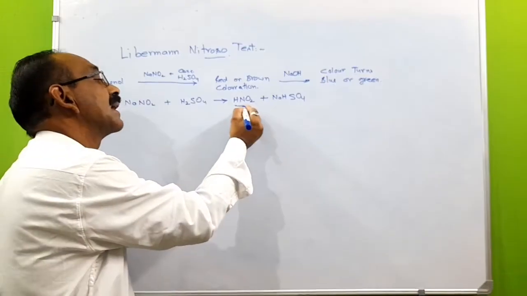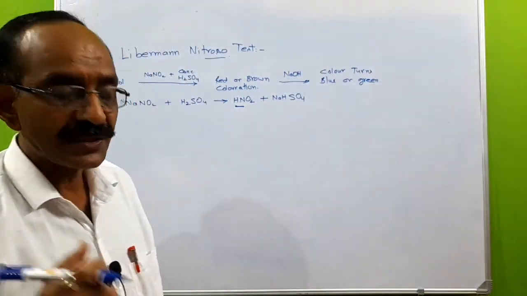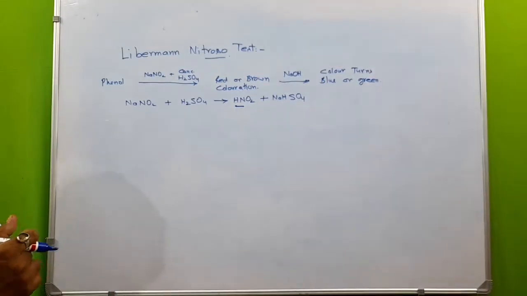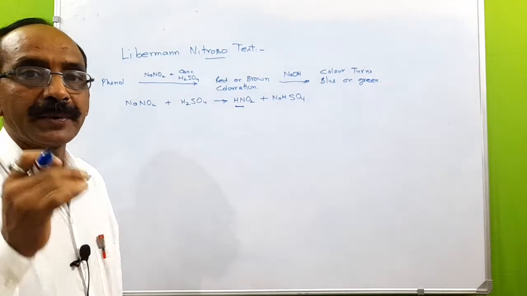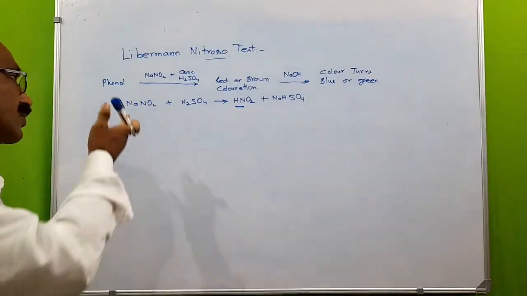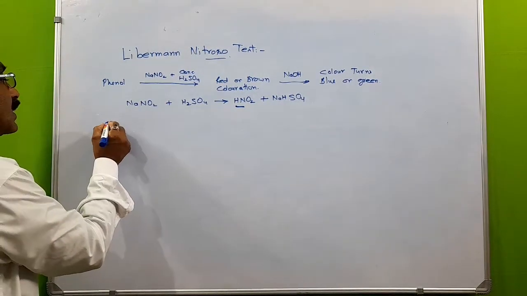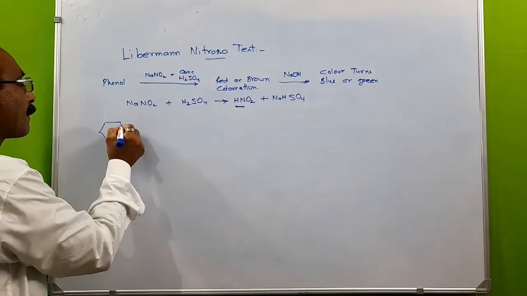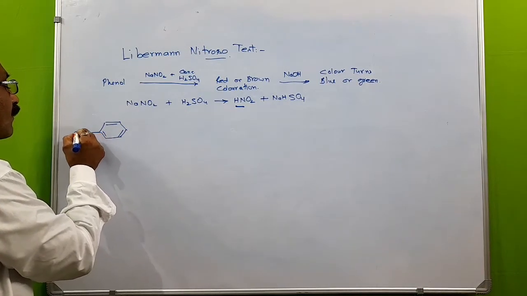See, nitrous acid is not very stable, and that's why in reactions where HNO2 is required, it is always prepared within the reacting vessel by the reaction of sodium nitrite and some acid. Now here it is the phenol molecule.